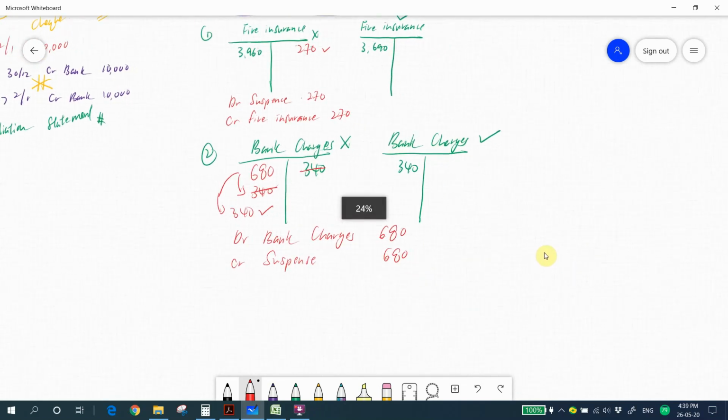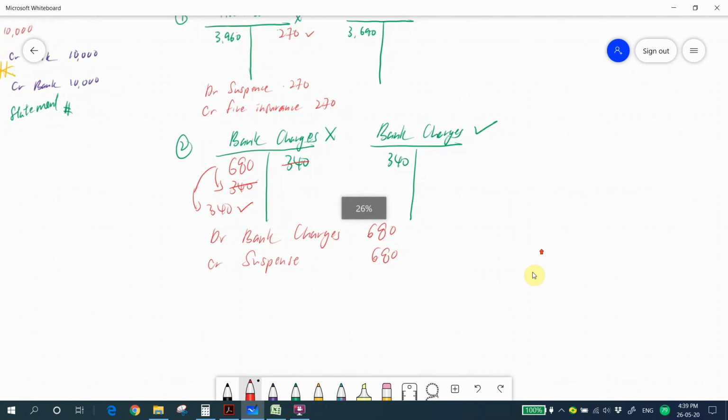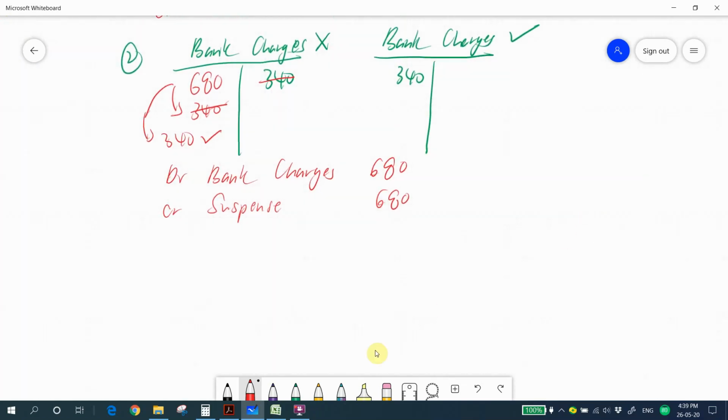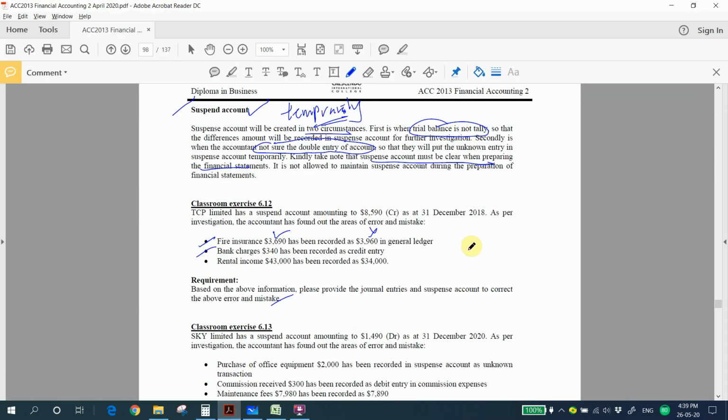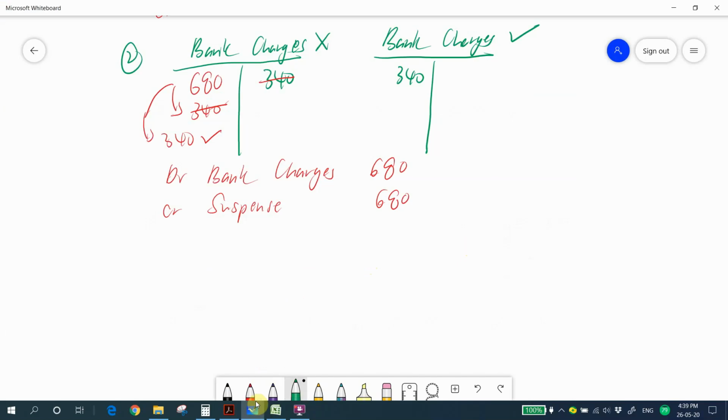Next, the next account is regarding the rental income. Rental income 43,000 has been recorded as 34,000. So let's have a look. Rental income.